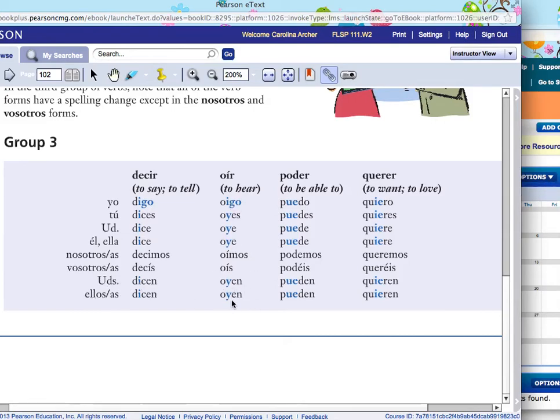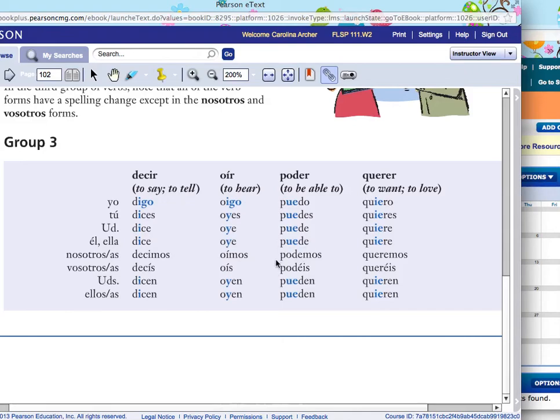So, big change here. Verbs like poder change the root from O to UE. Instead of the regular form, the root changes from O to UE. Yo puedo, tú puedes, él, ella, usted puede.